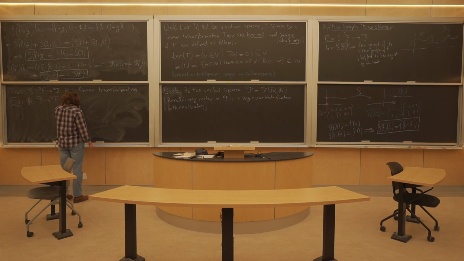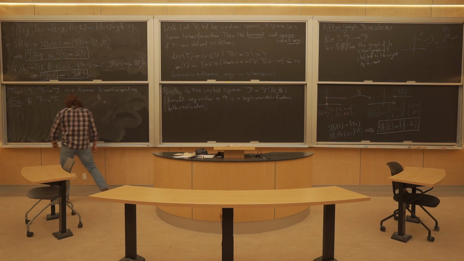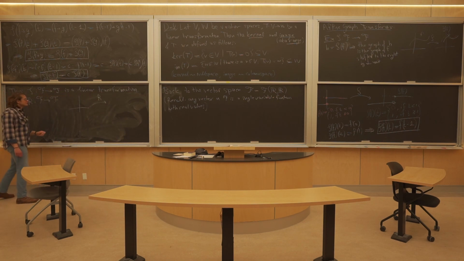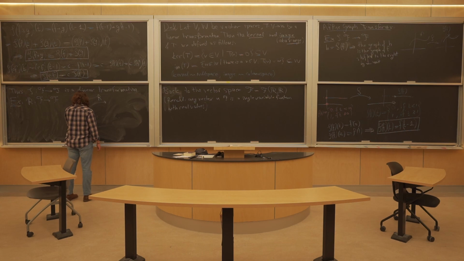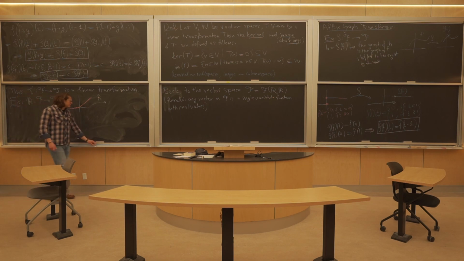If I have an f whose graph is something like this, for instance, I call that this function we discussed on Wednesday. It's a certain function, it's a certain vector in this vector space. When I apply R to it, its graph is flipped.